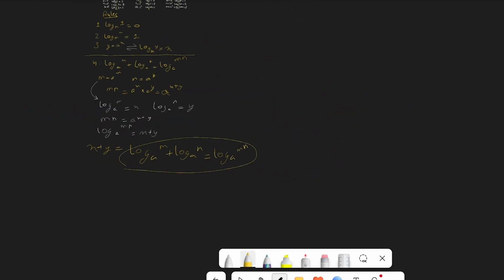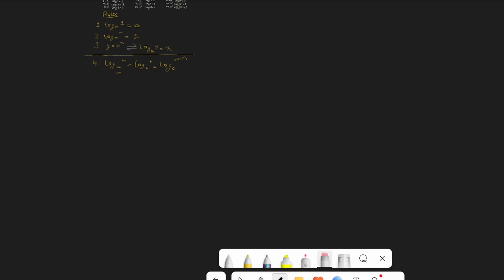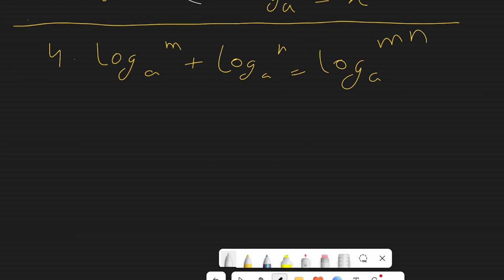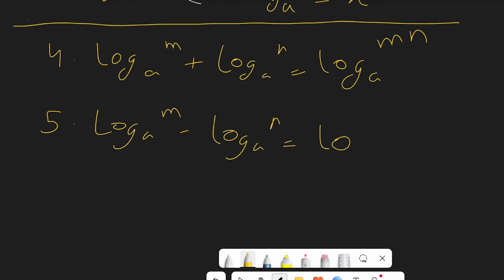Similarly, when two logs are subtracting from each other, log of m to the base a minus log of n to the base a, the answer is log of m over n to the base a. Then the logs divide.